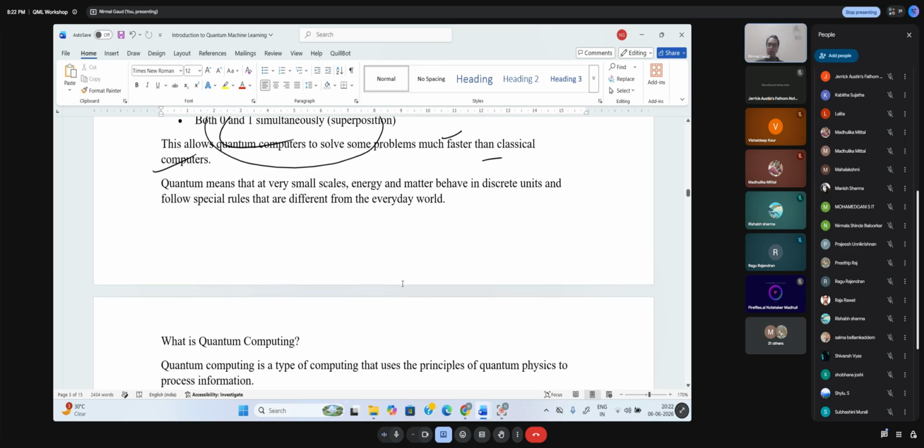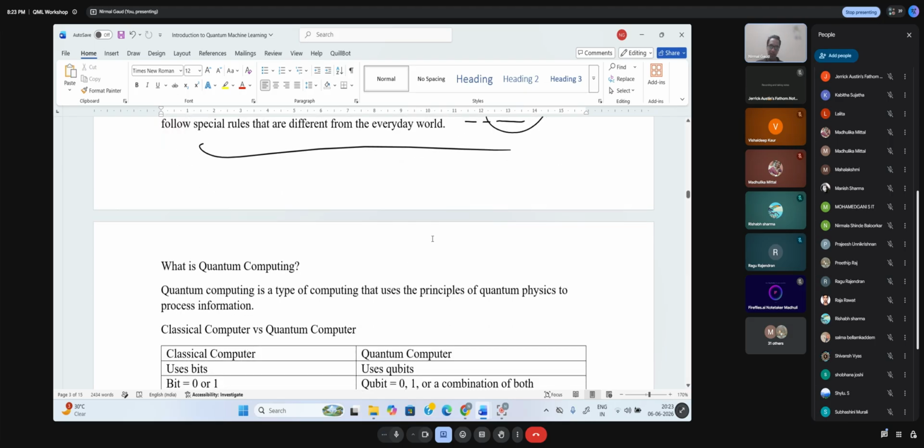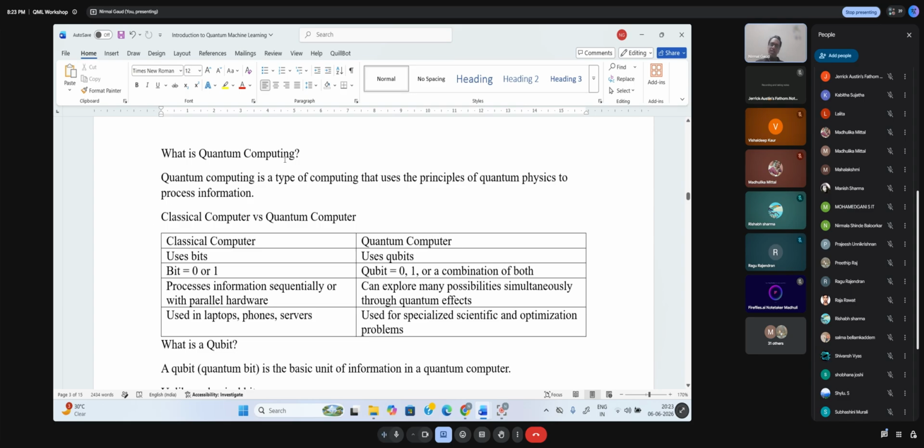So quantum means very small scale energy and matter behave in discrete units, not following the rules of the everyday world. Quantum computing is a technique to enhance hardware and software capability.